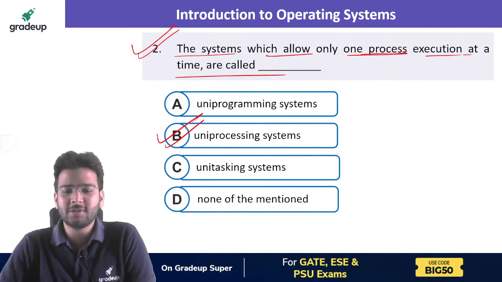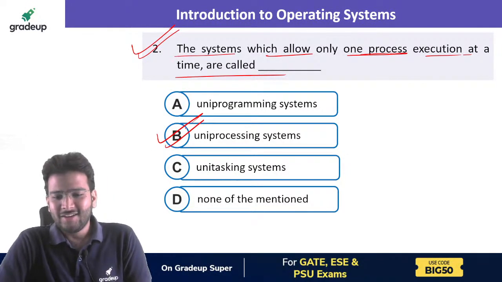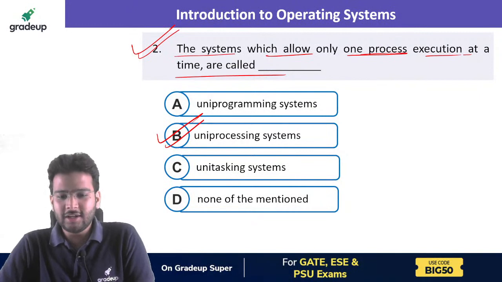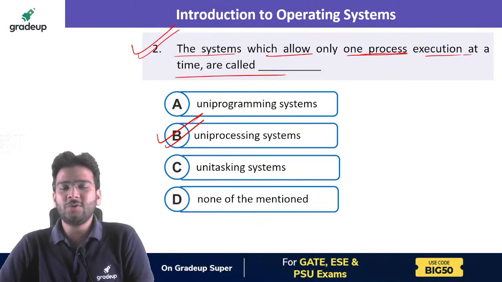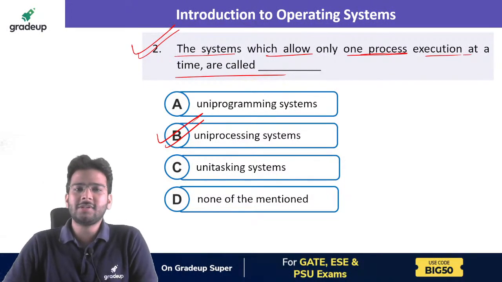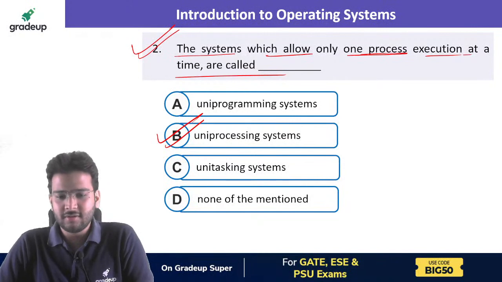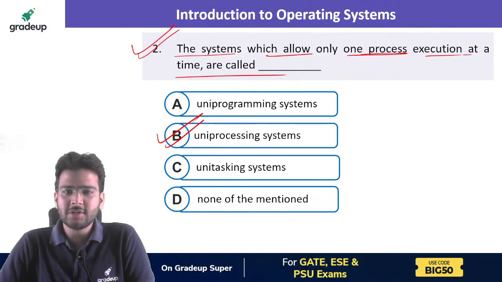No, Pooja, option D is not the correct answer. Sadam, it is not the correct answer. Option B is the correct answer. Only one process execution at a time is uniprocessing. If we can execute more than one process, that is multiprocessing, not uniprogramming. Uniprocessing is the correct answer.